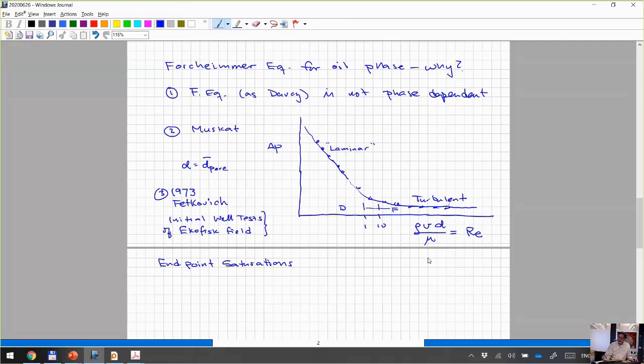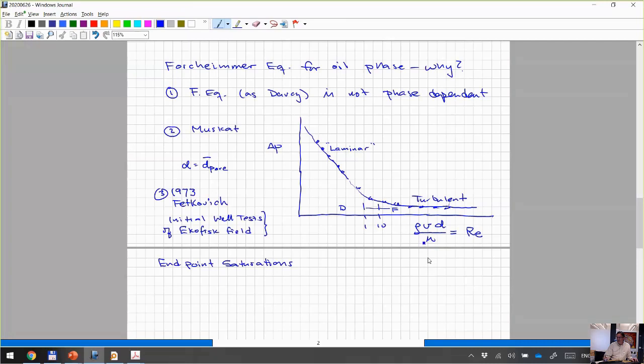Now, the Reynolds number for the oil phase will have a higher density and a lower viscosity, but the ratio for these really light condensates is not that different from a high pressure gas phase, so you don't get these huge contrasts.